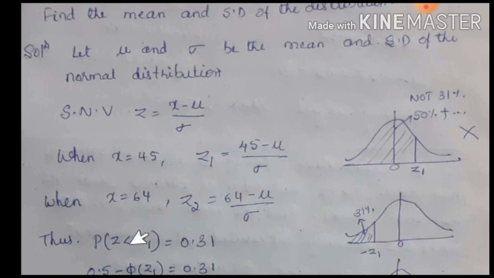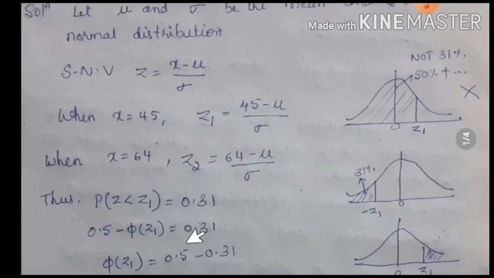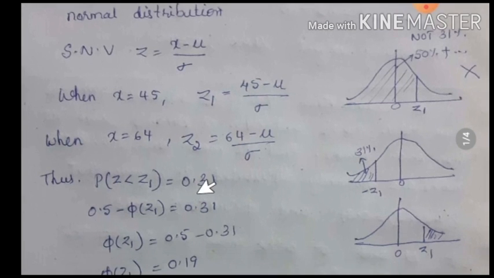So how do we write this? The probability of z less than z1 is 0.31. We know that by symmetry, the area on the left side of the minus z1 value is equal to the area on the right side of the plus z1 value.